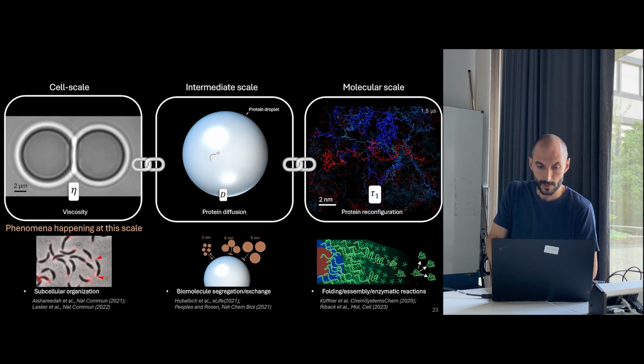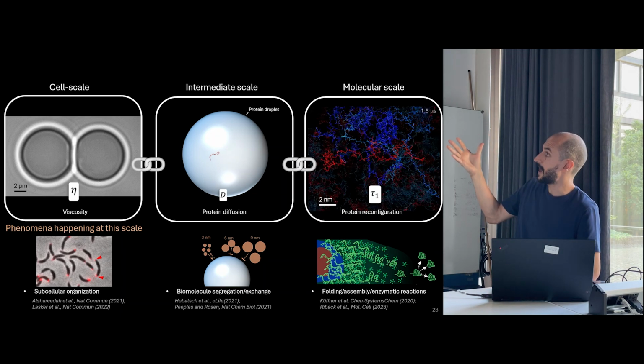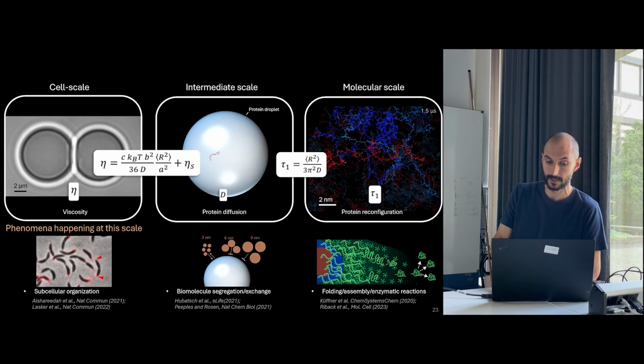So let me conclude, summarizing that in fact there are relations between quantities at different scales, like viscosity, diffusion coefficient, and reconfiguration time, thanks to the Rouse model with entanglement.